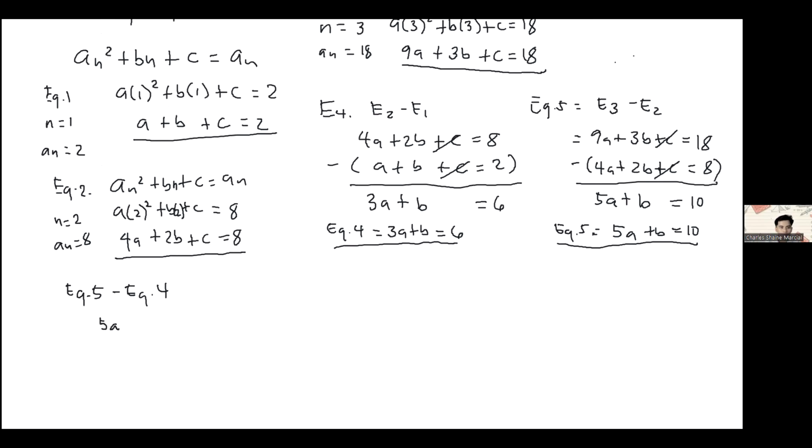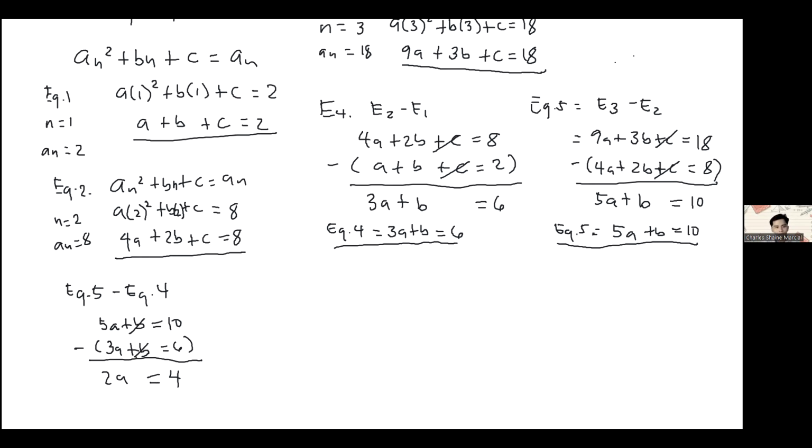Linawin natin. Plus b is equal to 10 minus 3a plus b is equal to 6. Alright. Now we have 5a minus 3a is equal to 2a. Then cancel si b. b minus b is 0. Then 10 minus 6 is equal to 4.